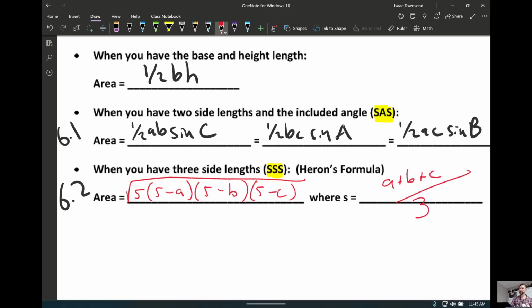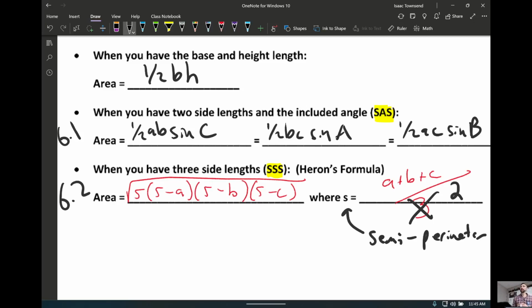Okay, 3 is a good guess because that's what it would be if it was an average, but it's not 3, it's 2. S is for semi-perimeter. Just like a semicircle is half a circle, semi-perimeter is half of the perimeter.